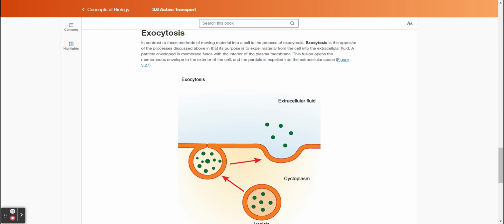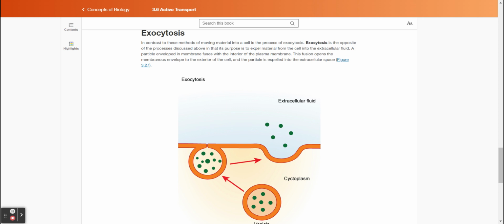Exocytosis. In contrast to these methods of moving material into a cell is the process of exocytosis. Exocytosis is the opposite of the processes described above in that its purpose is to expel material from the cell into the extracellular fluid. A particle enveloped in membrane fuses with the interior of the plasma membrane.